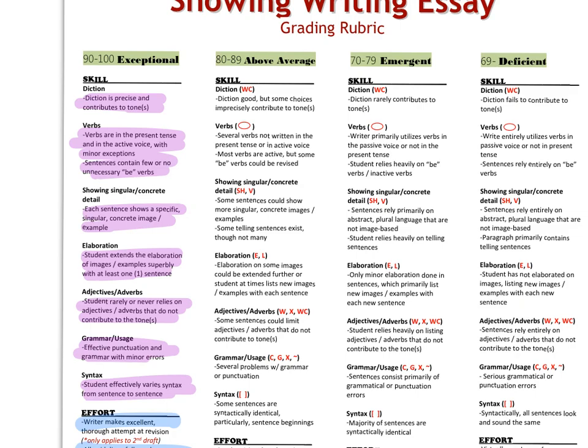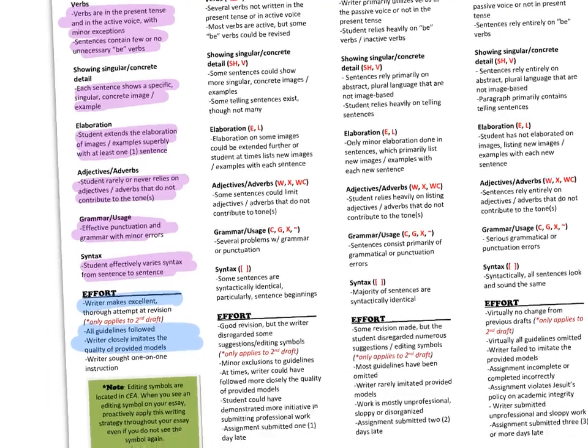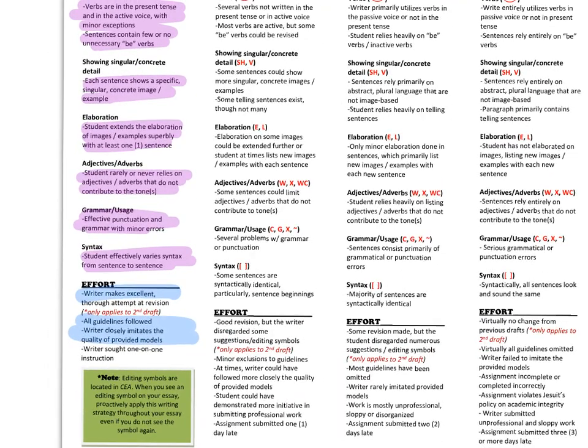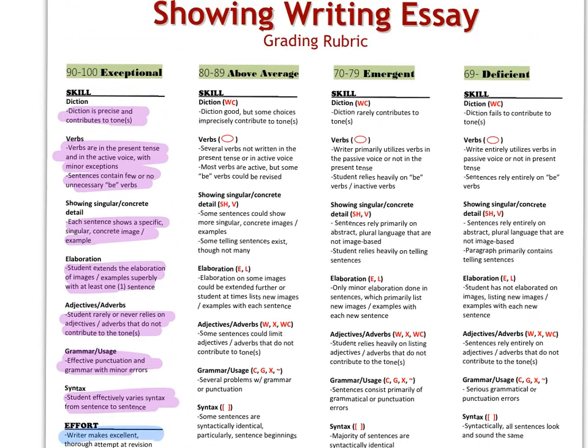Those are all the skills you're going to be held accountable for in these 10 sentences. And then you'll notice too the effort category here. Did you follow the directions? Did you imitate the models? And then when it comes time to revision, did you make a really concerted attempt to address all of the issues that were pointed out to you by your teacher?